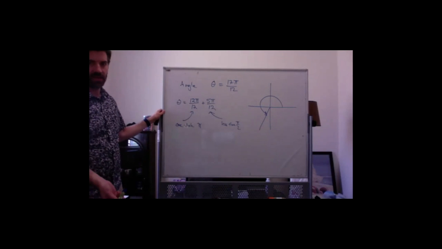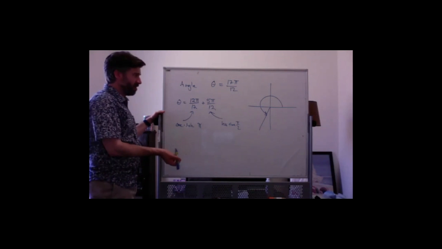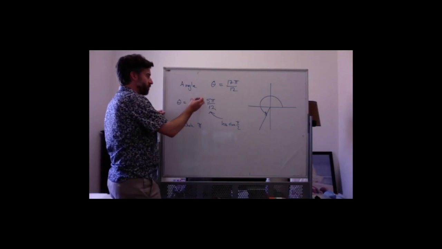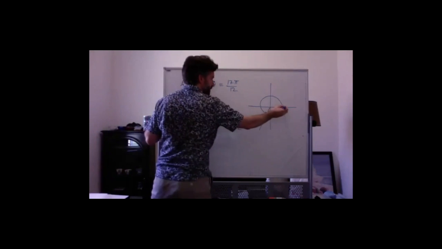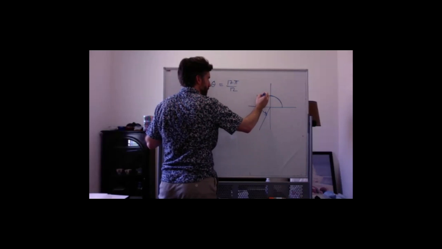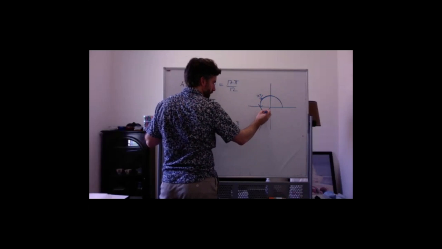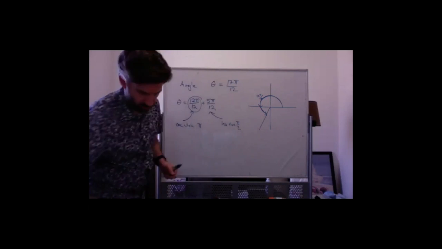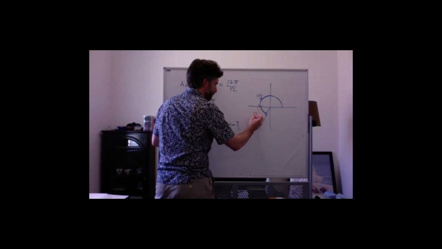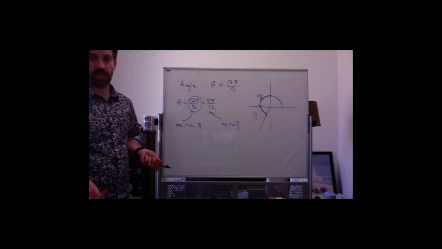Now the thing is, this work also shows me what my reference angle is, right? I went 12 pi over 12. That's my whole pi right there. So there's 12 pi over 12. And then this part here, that's my 5 pi over 12, which is my reference angle.